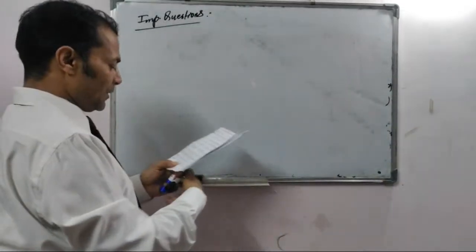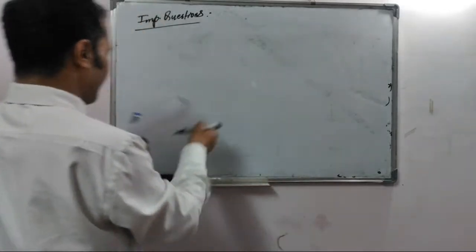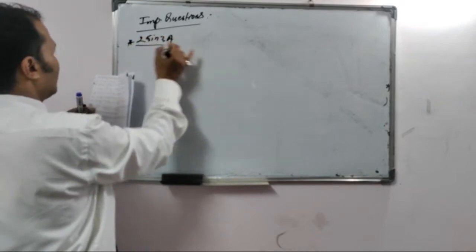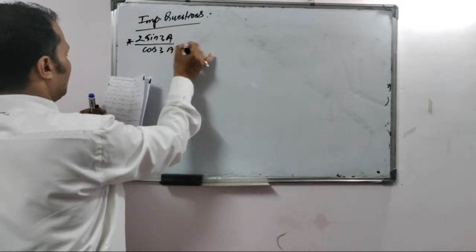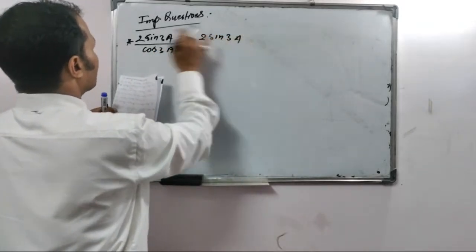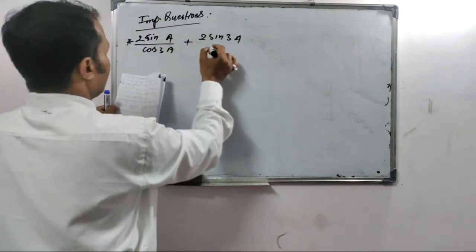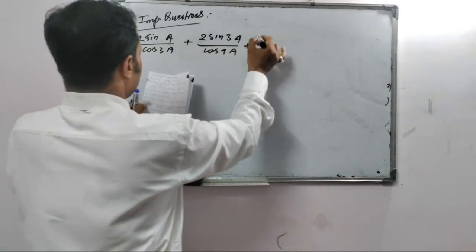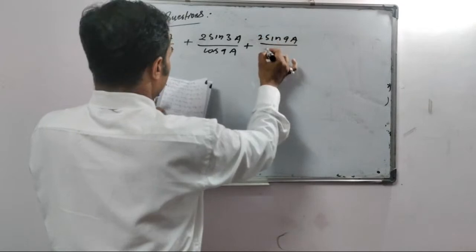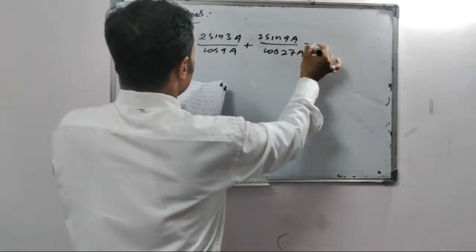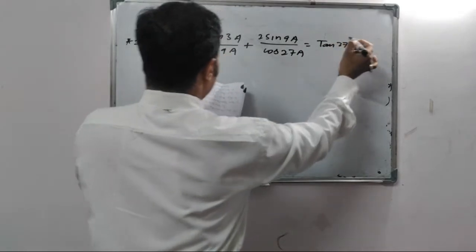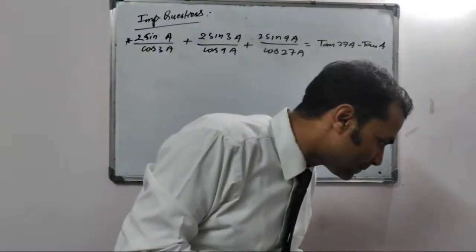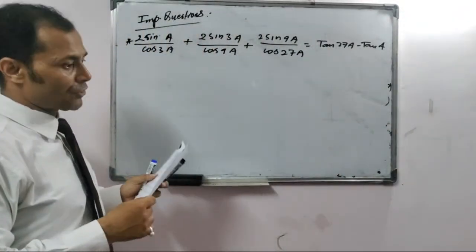Now, one question, how much idea do you have? It's very, very important. Look, this: 2 sin a by cos 3a plus 2 sin 3a by cos 9a plus 2 sin 9a by cos 27a equals tan 27a minus tan a. Okay guys, did you understand the question? Do you know how to solve this question?